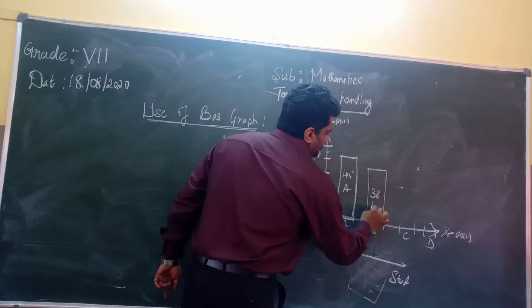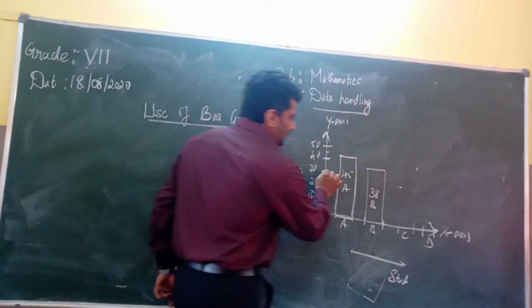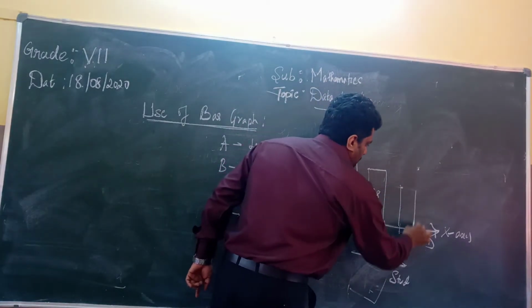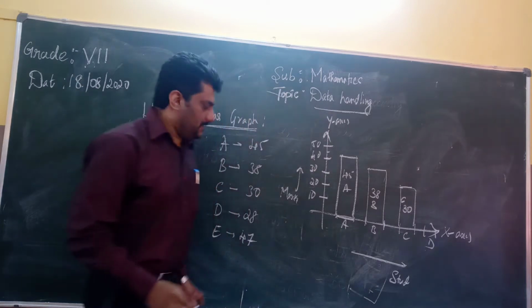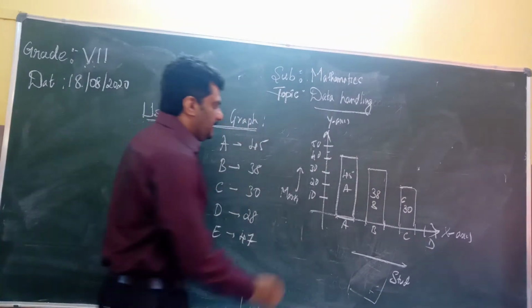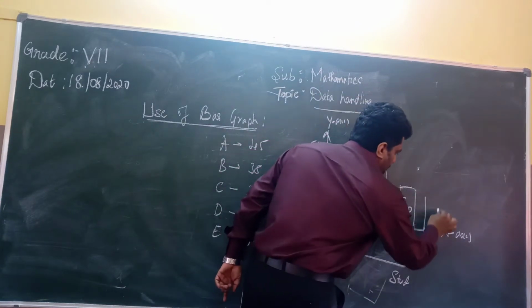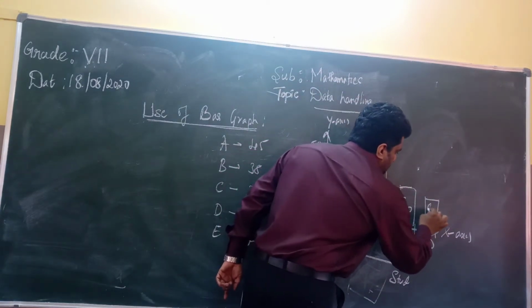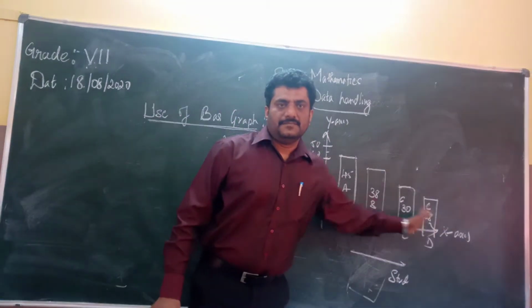Now the next one, C, 30. Now the next one, D is 28, which is here. Now these are the bar graph.